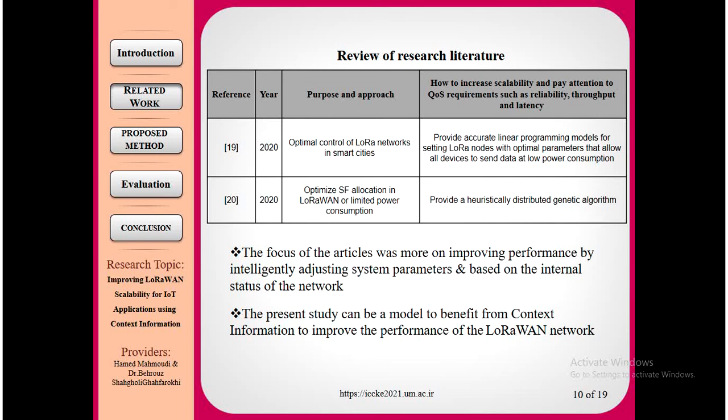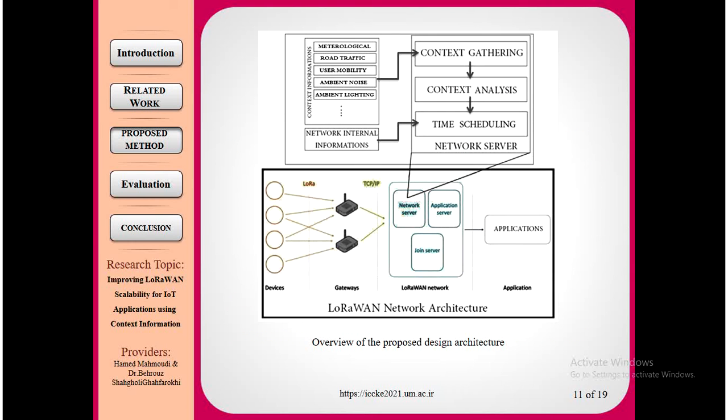Therefore, the present study can be a model to benefit from context information to improve the performance of the LoRaWAN network. As we mentioned in the previous slide, the proposed method uses contextual information in addition to the internal information of the network to schedule the nodes in the network.